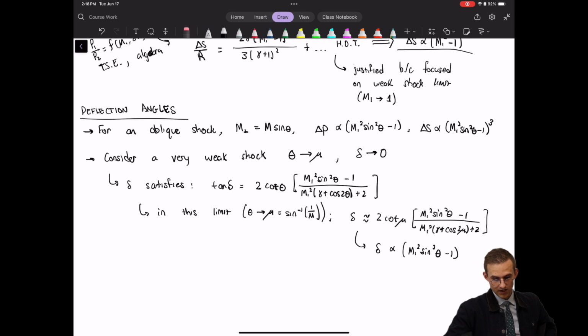And the denominator ends up being equal to M1 squared times gamma plus 1, which are just two positive values, where M1 squared sine squared mu minus 1 in the limit is identically 0.